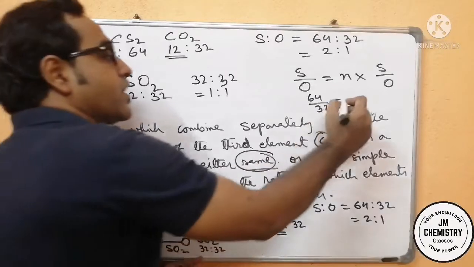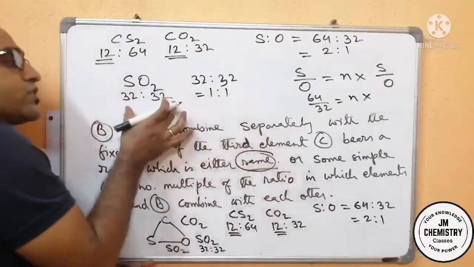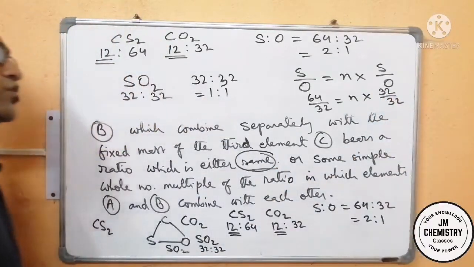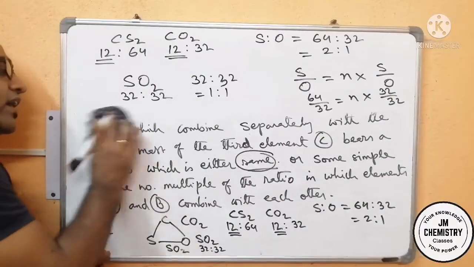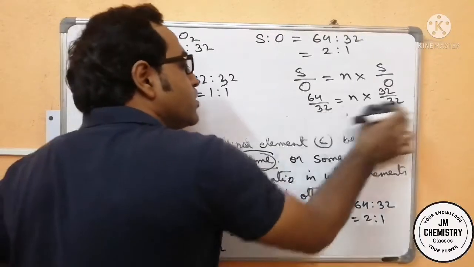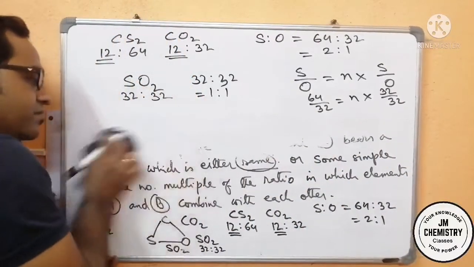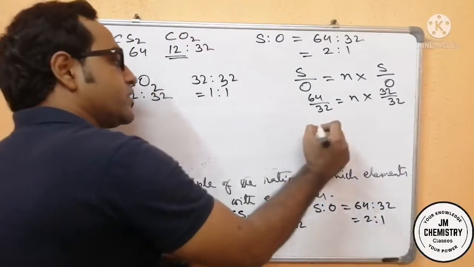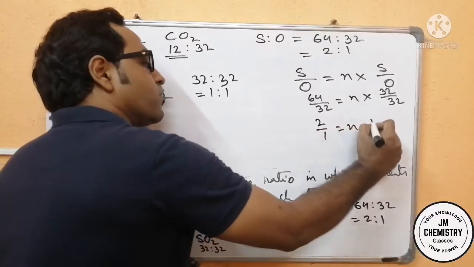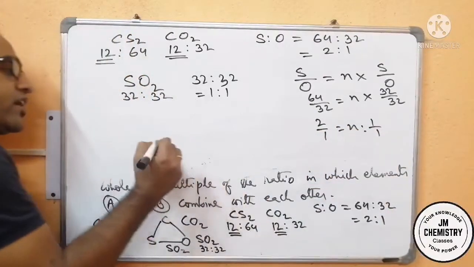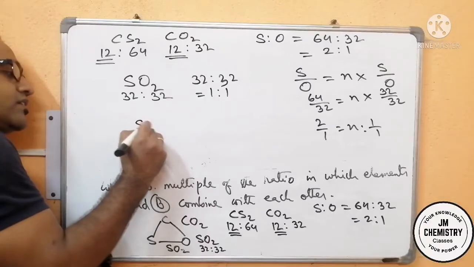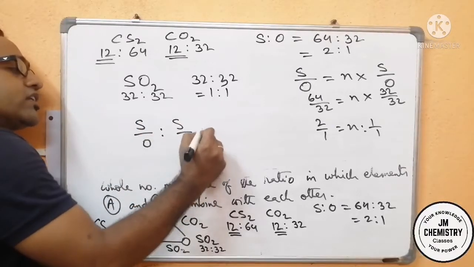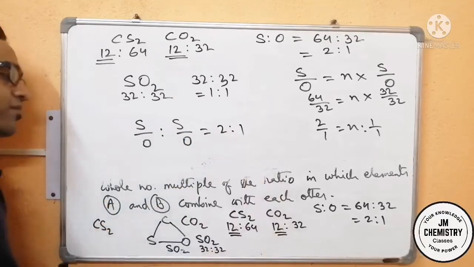Now N into sulfur to oxygen, this is 32/32. So what will be the value of N? N here comes out to be 2, isn't it? So it is 2 is to 1, and N is 1 is to 1. So what we can write is sulfur is to oxygen is equal to 2:1.